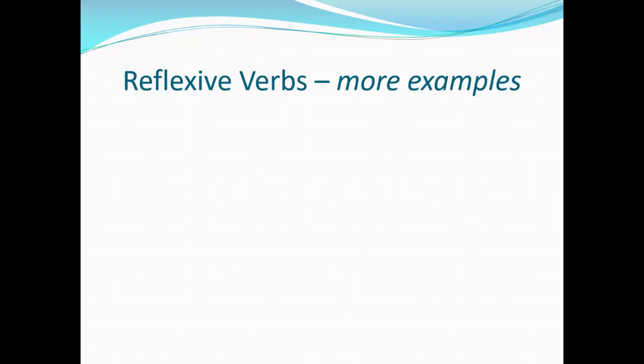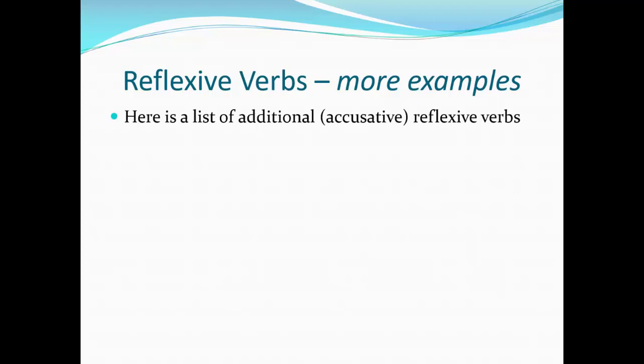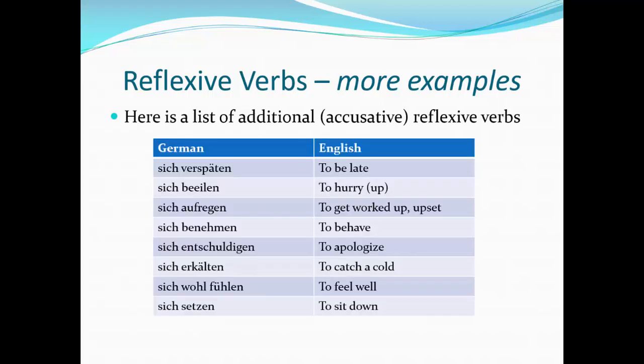There is a list of commonly used verbs. These happen to be accusative. Okay, so looking at these, we have sich verspäten, sich beeilen, sich aufregen, sich benehmen, sich entschuldigen, sich erkälten, sich wohlfühlen, sich setzen. So if I was late for the train, or for class, ich habe mich verspätet, or sich beeilen.